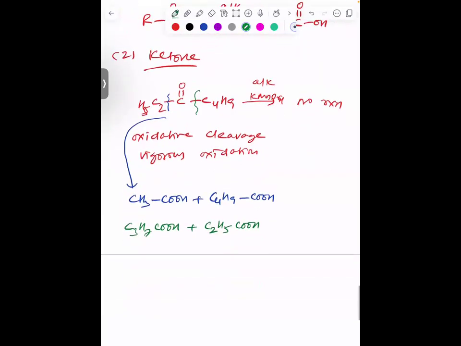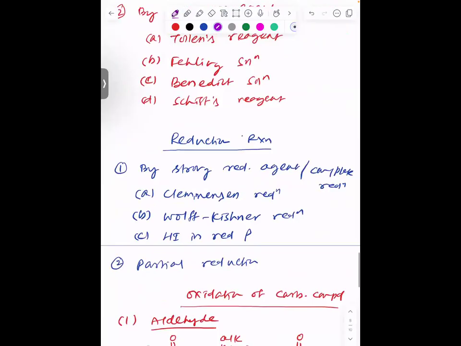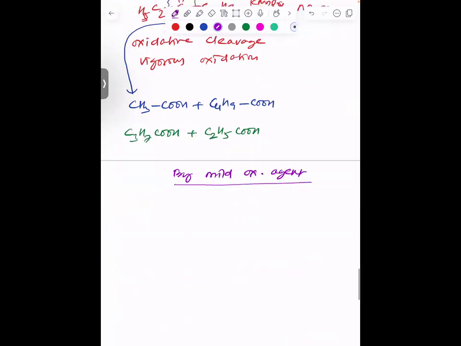So this is the oxidation by strong oxidizing agent. Next is by mild oxidizing agent. So mild oxidizing agent, first we'll discuss Tollens reagent.